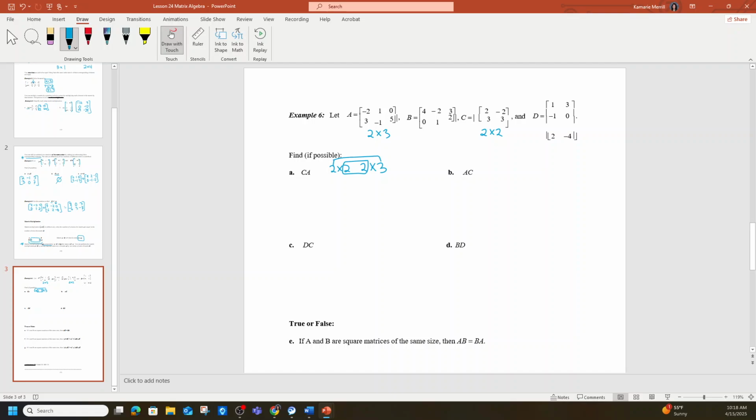So this is the way I organize myself. I put my first one first, because you're supposed to. It matters because it's not commutative. So I will always put C first. Now, the way I organize myself, I would put a times and write my matrix next, but I actually lift it up just a little bit, because watch. I'm going to write -2, 1, and 0, 3, -1, and 5.